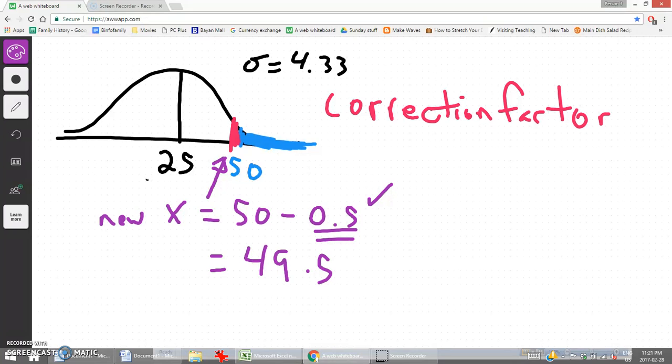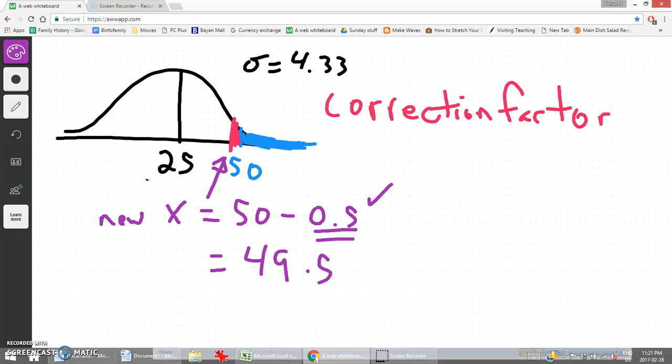So we're increasing the area of that section, and now we can tell that we've added in more area. Our x value is going to be somewhere between 25 and 50, so we know it's going to be less than 50, so that's why we are subtracting that correction factor value from 50.